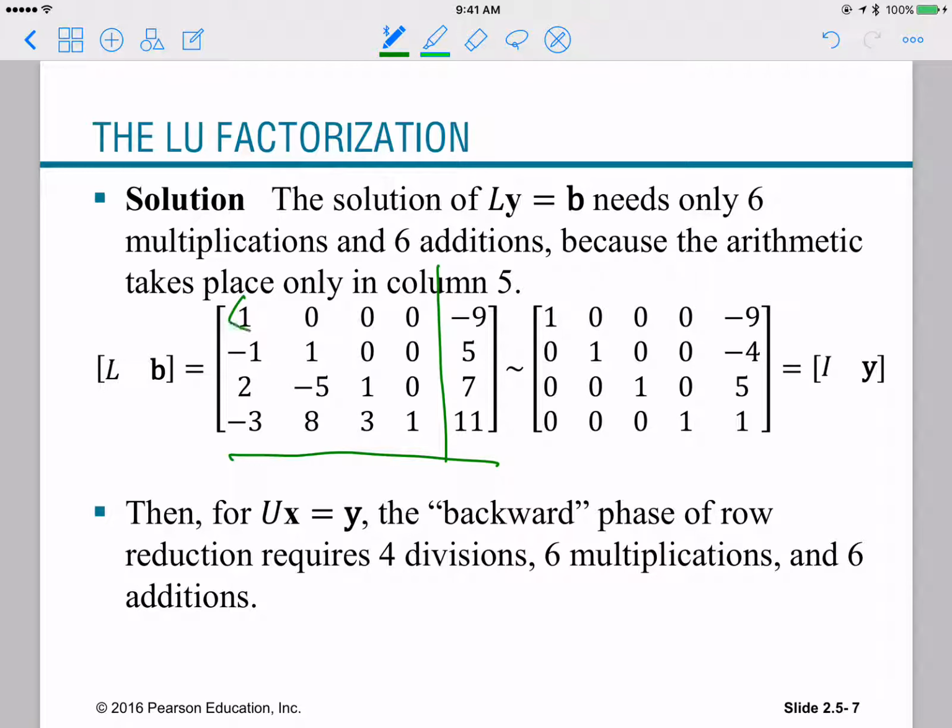In the lower triangular matrix, as we saw, this is an inverse of the product of row replacement matrices, so the diagonal values are all ones.